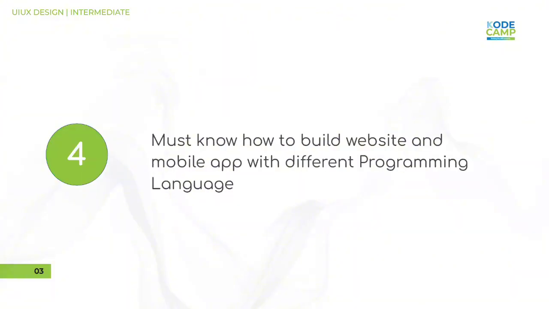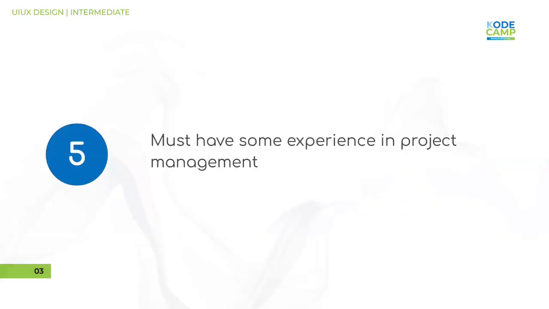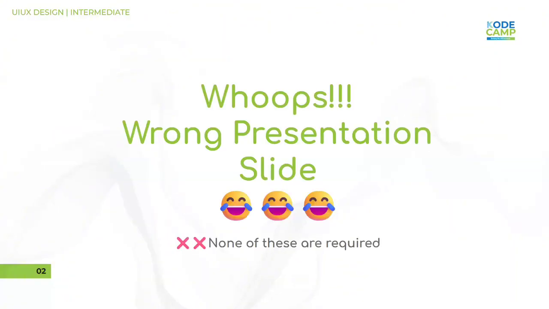And four, you must know how to build websites and mobile apps with different programming languages. So you must know HTML, CSS, C++, Java, we have a lot of them. And you must also have experience in product management.